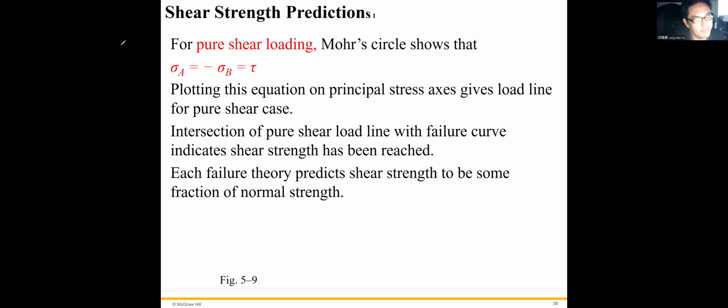Okay, well, it depends, because you are an engineer, you're a designer, so you can select which failure criteria is suitable for your product or for your machine.